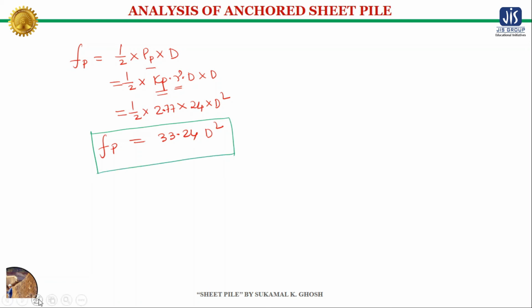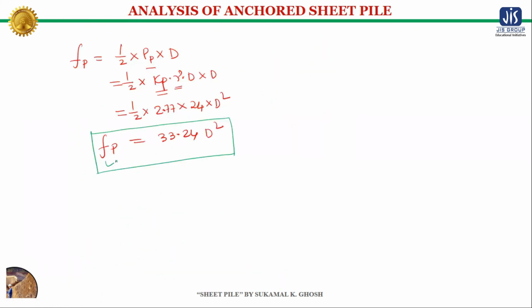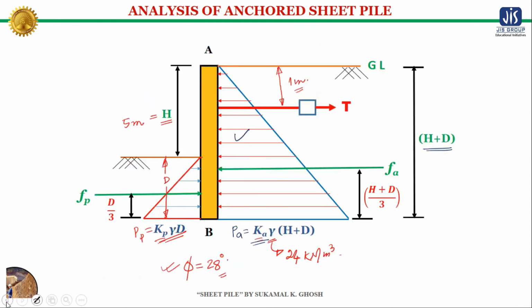Now we have got the value of Fa and we have also got the value of Fp. If you want to calculate this depth D, then we have two methods.